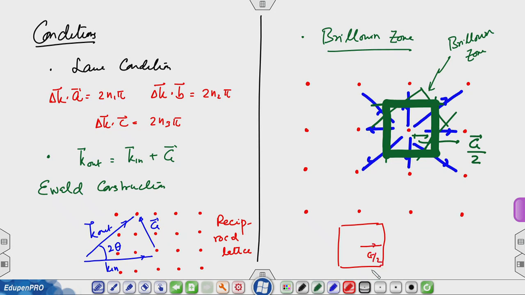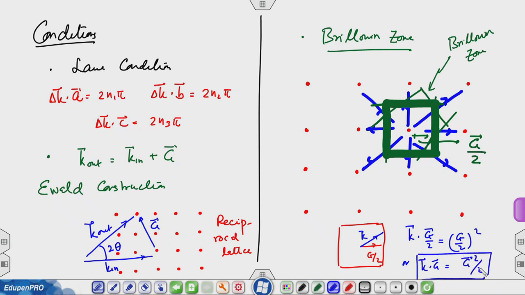So, if I take any vector k to the Brillouin zone, k dot g by 2 is going to be equal to g by 2 square, or k dot g equals g square by 2, which is the diffraction condition.